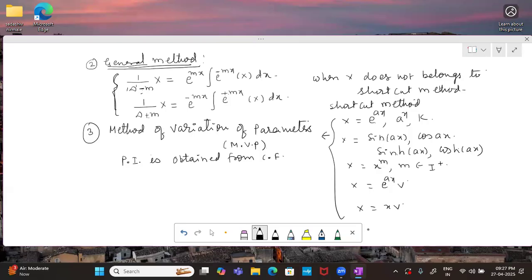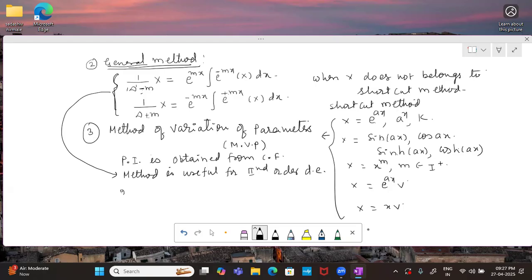That is what is known as variation of parameters. This method is useful for second order differential equations. For which order is this method used? Second order, not third or fourth order.